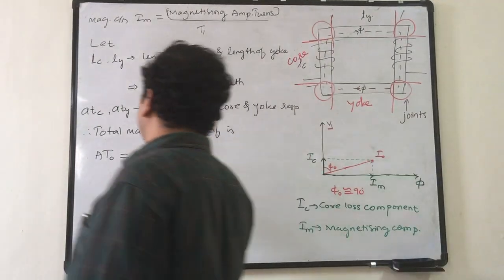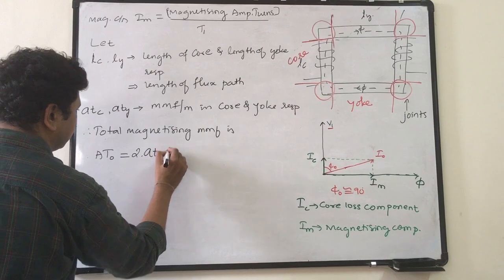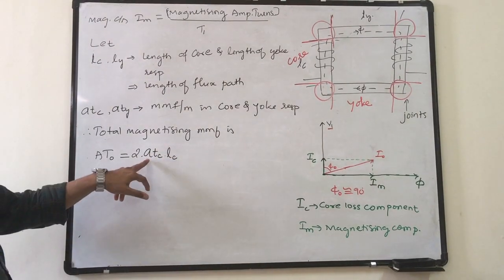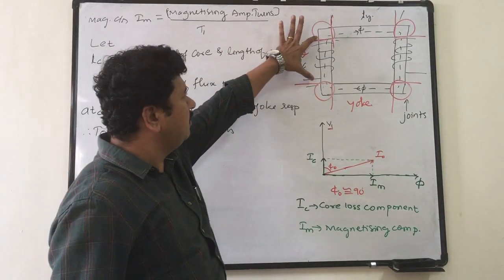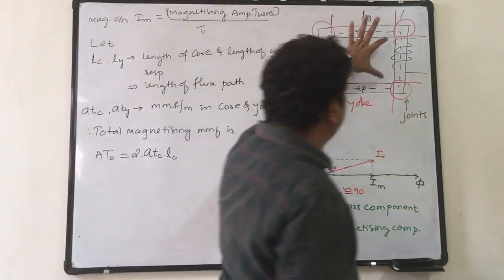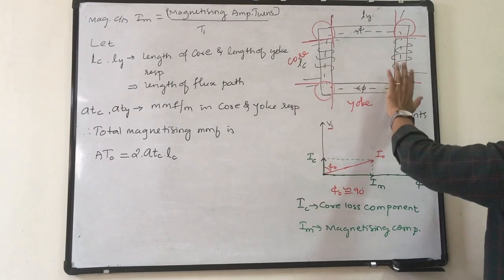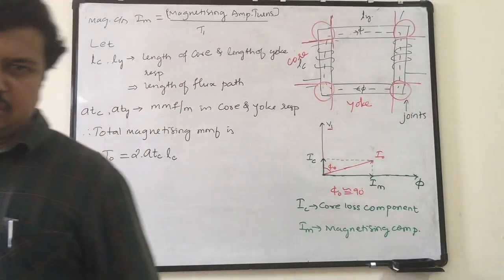So therefore I can write 2 into ATC LC. MMF per meter into length of core is the MMF in this core limb, and the same is the MMF in the other limb. So a single phase transformer has two cores on which the winding is placed.